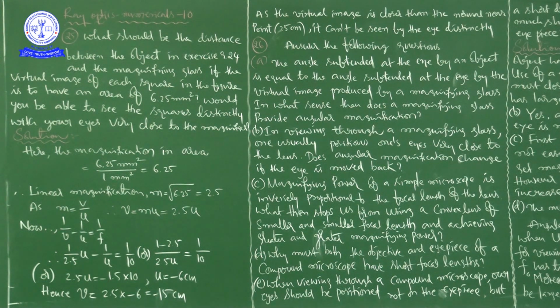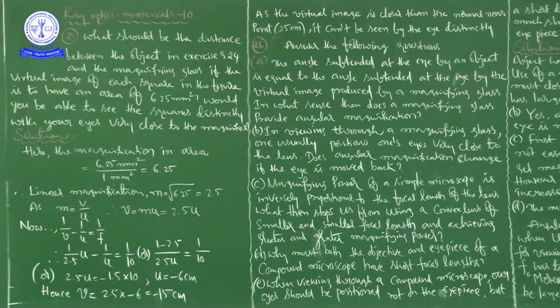What should be the distance between the object in exercise 9.24 and the magnifying glass if the virtual image of each square in the figure is to have an area of 6.25 millimeter square?